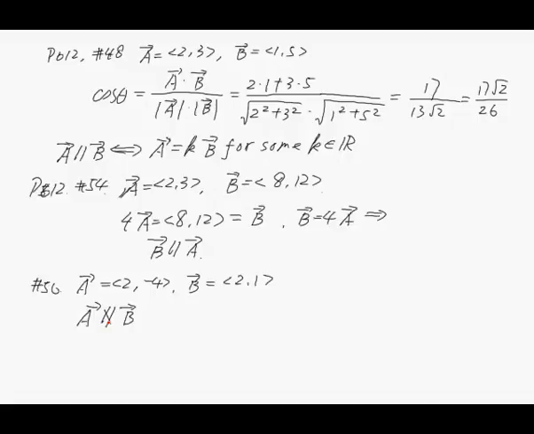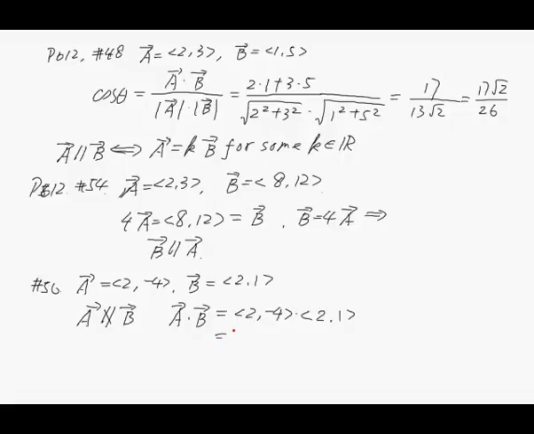Then let's check if they are perpendicular to each other. To determine if two vectors are perpendicular, we just need to compute the dot product of these two vectors. So we have (2, -4) dotted with (2, 1).